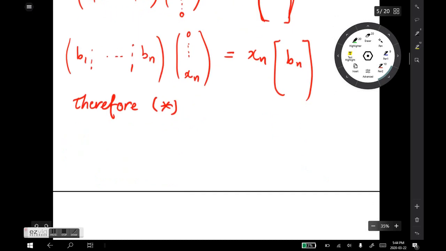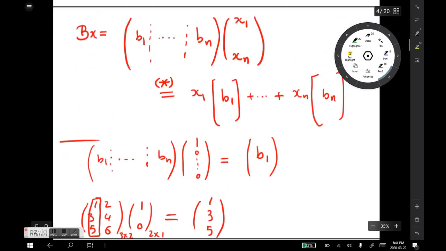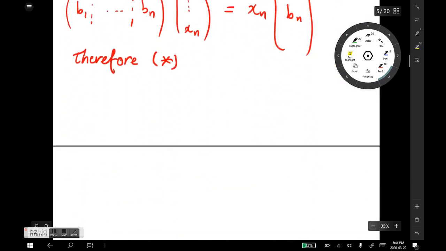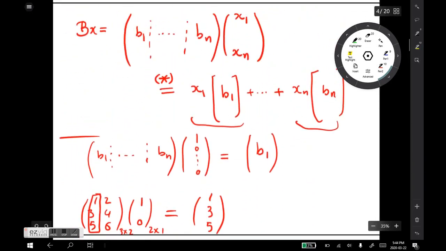What does it mean though? We are multiplying B by x1 till xn, and we get a linear combination of the columns B1 till Bn.